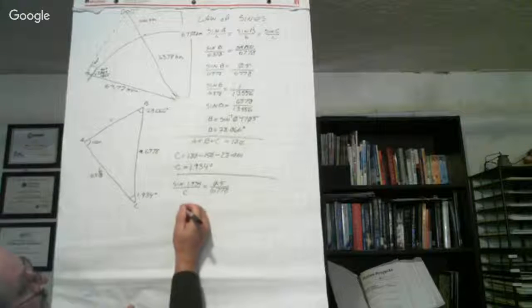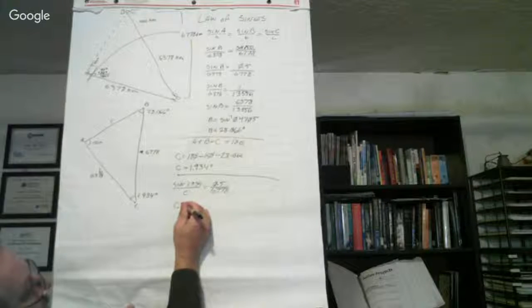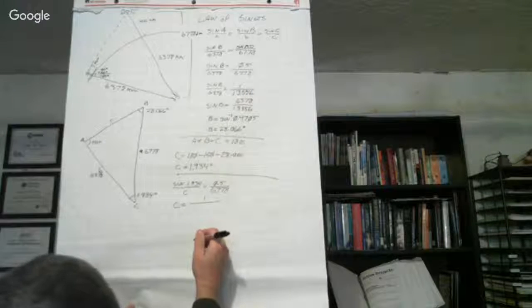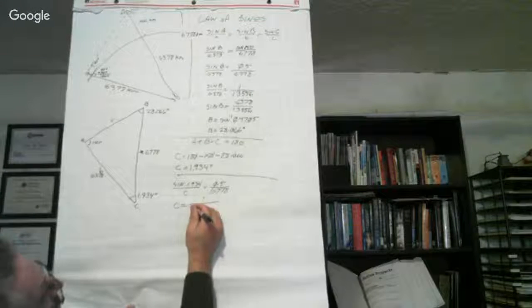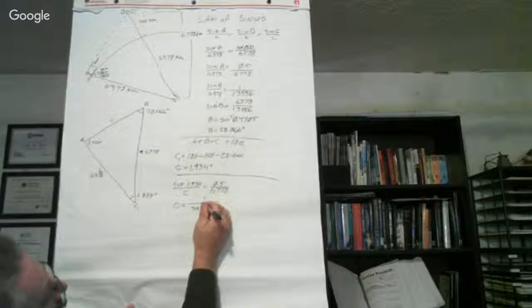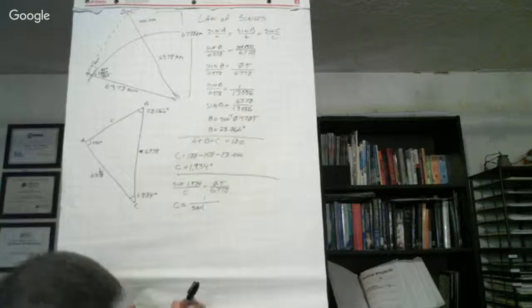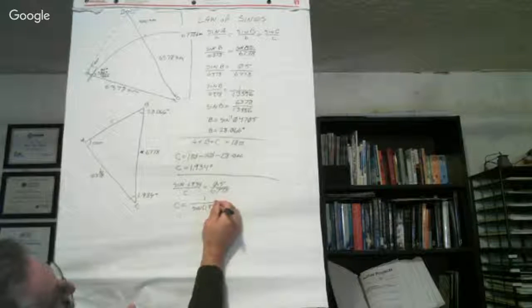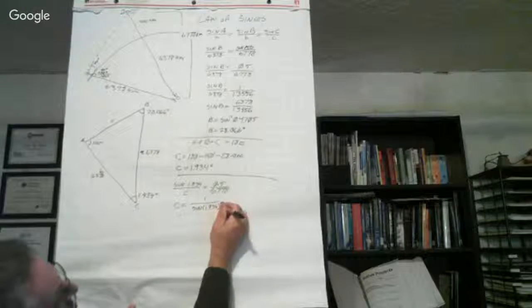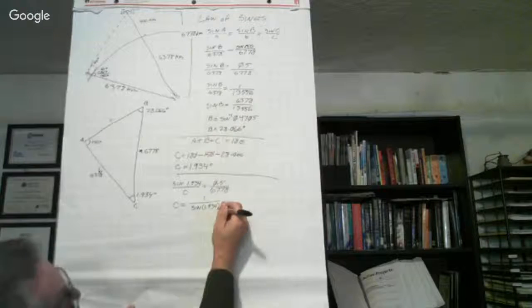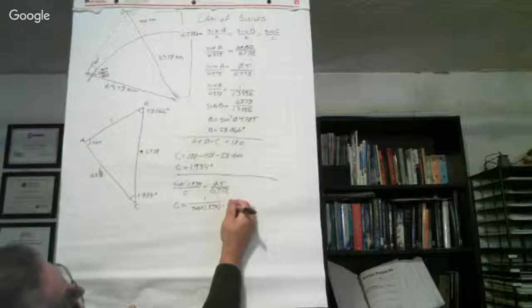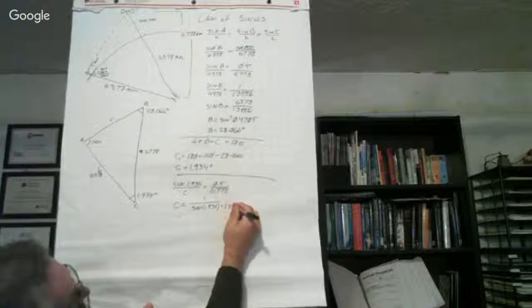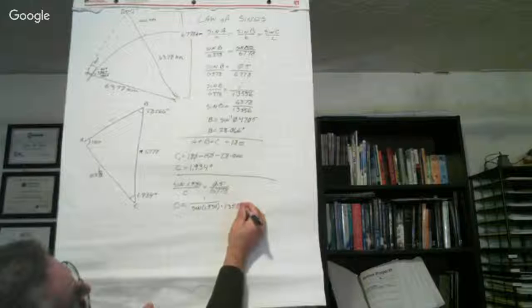So we will have C is equal to 1 over the sine of 1.934 times 1,356.